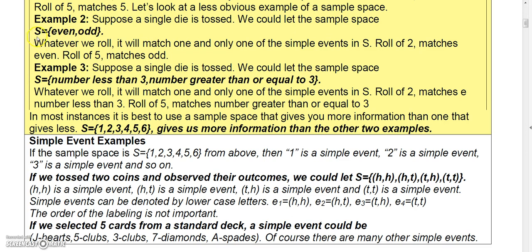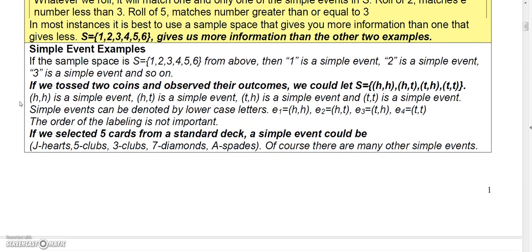So you could let the sample space be either an even number or an odd number shows up, or you could even go more specific, let the sample space be a number less than 3 or a number greater than or equal to 3. But in most experiments for a roll of a single die, the numbers 1 through 6 give us more information than any other sample space we could set.